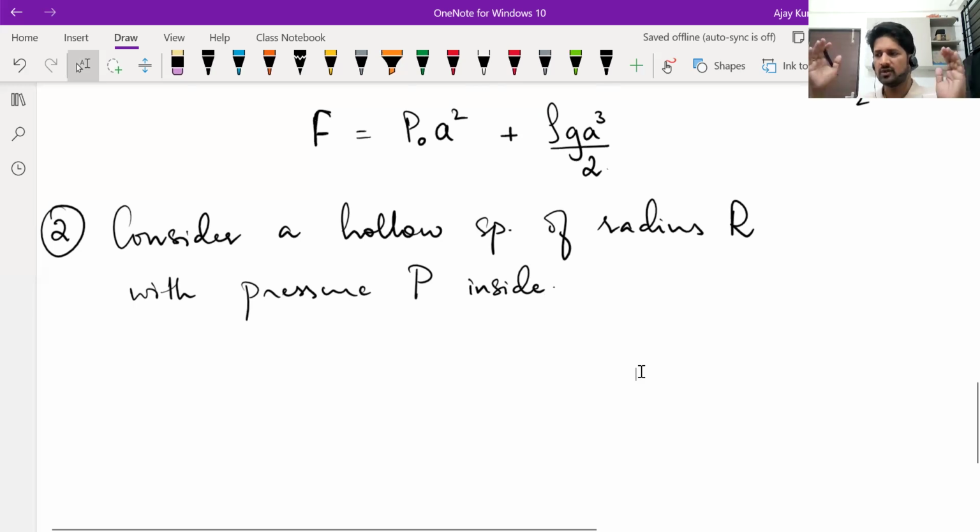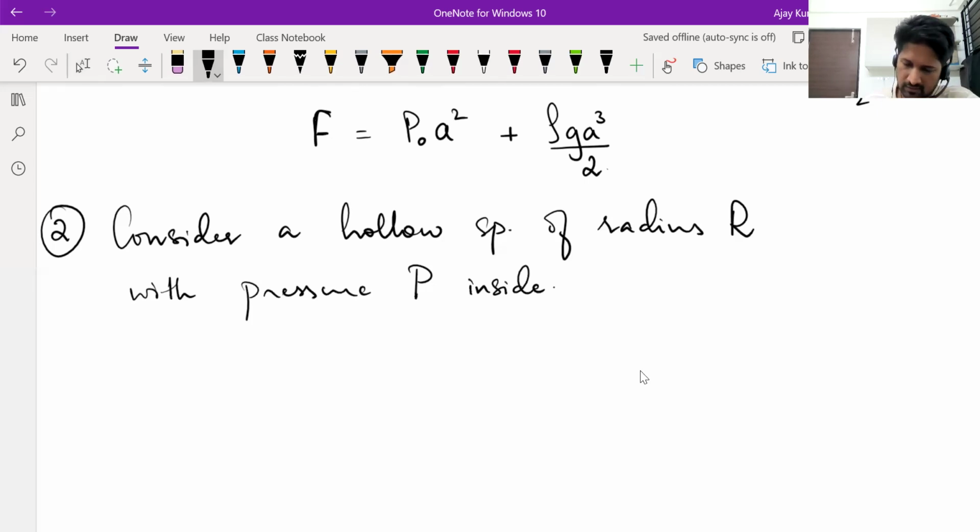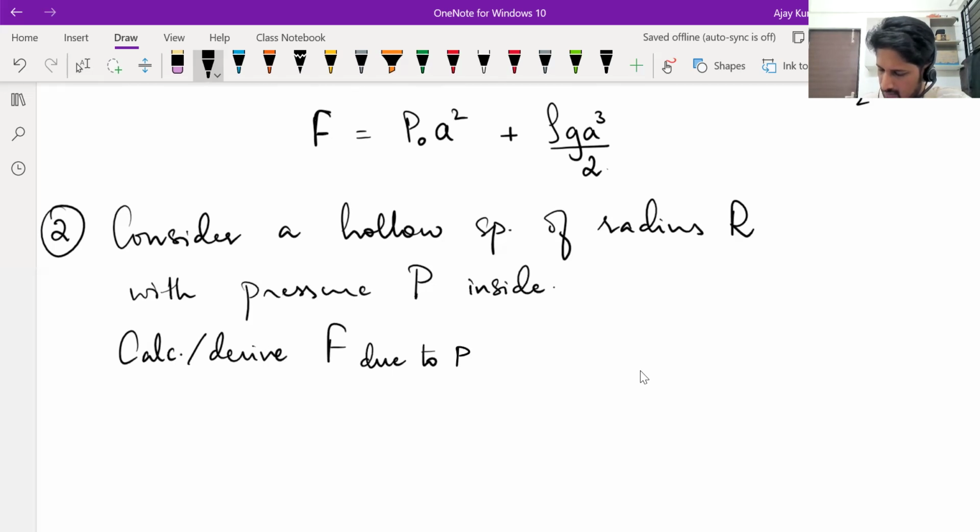Inside the balloon or the bubble, the pressure is P. As a result of that pressure, there will be forces acting on the walls of the balloon or the bubble. I want you to calculate or derive the force due to pressure on one half of the sphere.